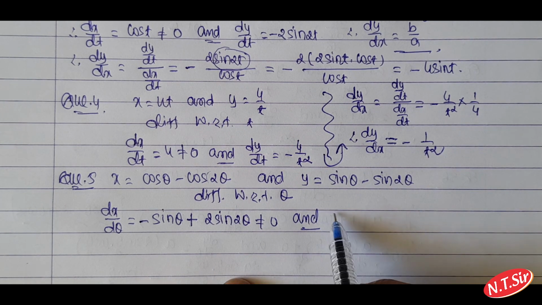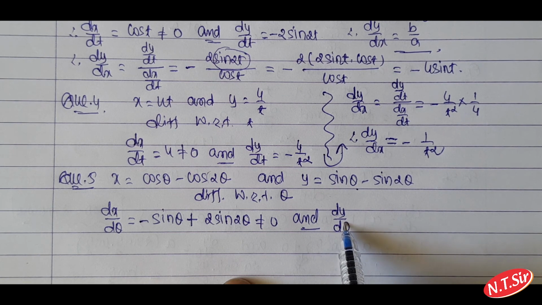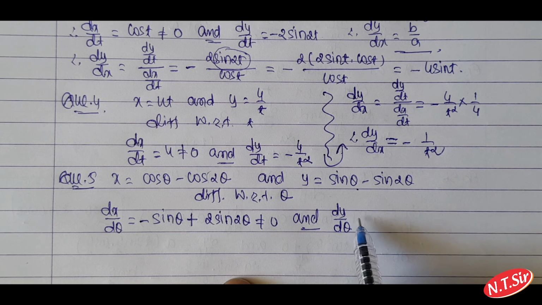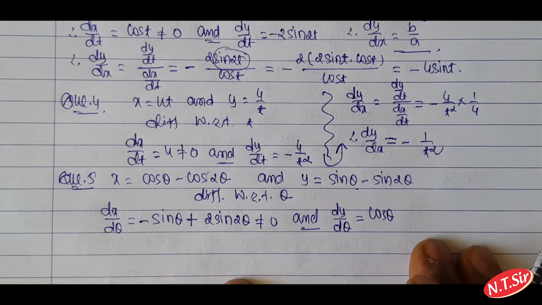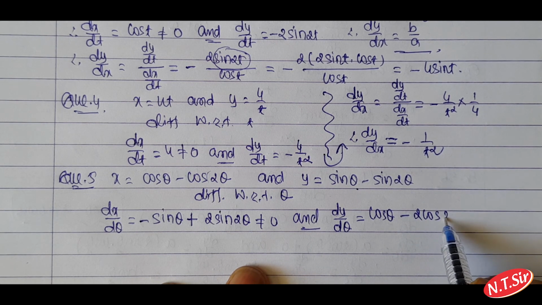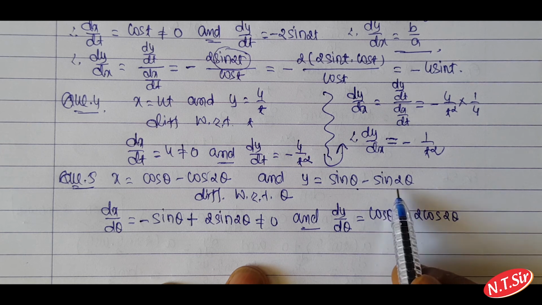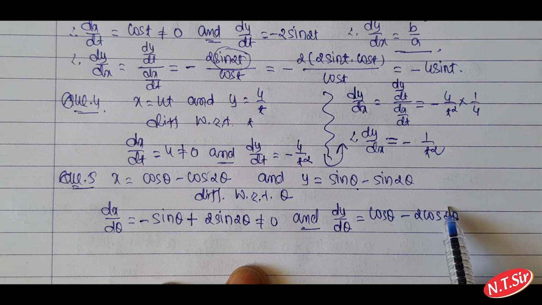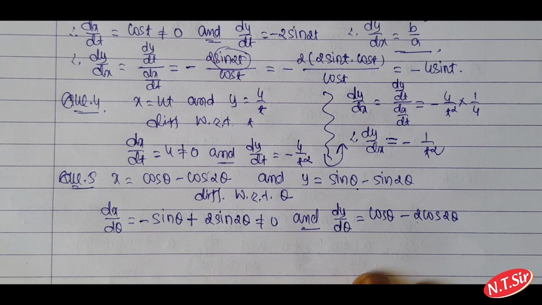And derivative of y with respect to theta, that is dy by d theta, is equal to derivative of sin theta, which is cos theta, minus 2 times cos 2 theta, because derivative of sin 2 theta is cos 2 theta and derivative of 2 theta again is 2. So cos theta minus 2 cos 2 theta.